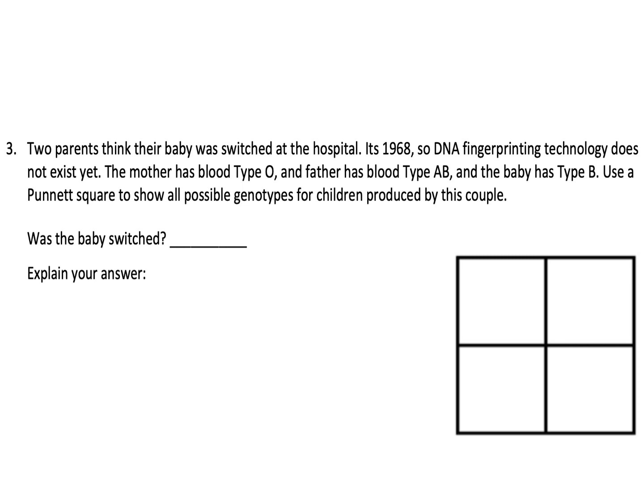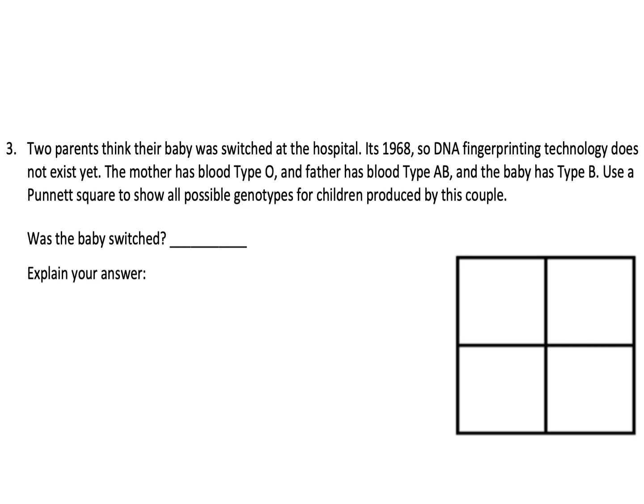So it's 1968. DNA fingerprinting has not been discovered yet, or developed, I should say. And so we're going to use blood typing to try to help these parents identify if their baby was switched at the hospital.